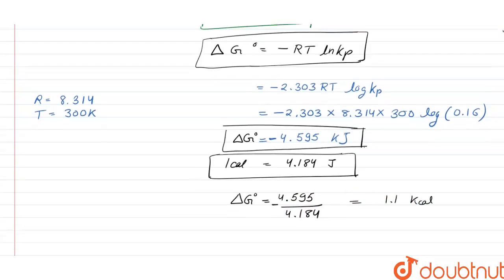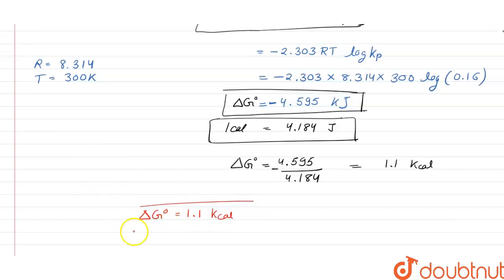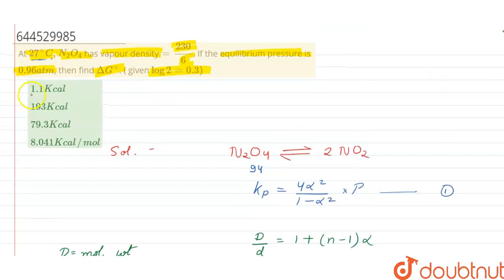So this is our final answer, because the question was asking for the value of delta G naught, which comes out to be 1.1 kilocalorie. Let's see in the options given above which one shows this value. You can see that option A is giving us this value, so this is our correct answer.